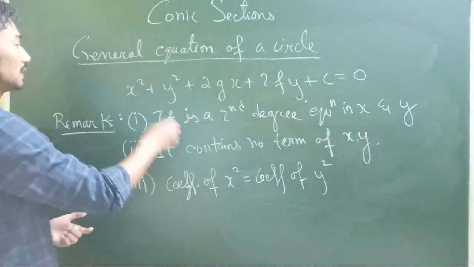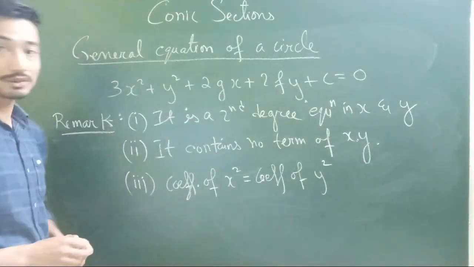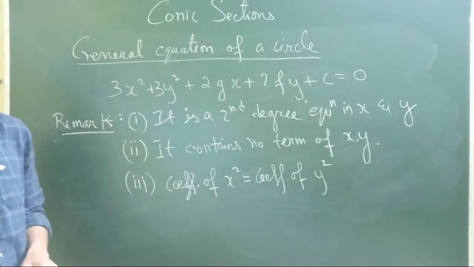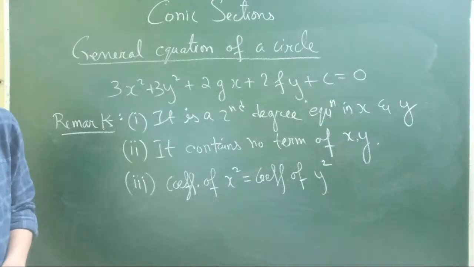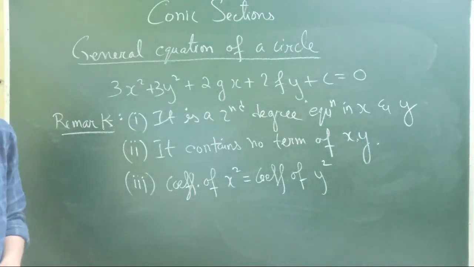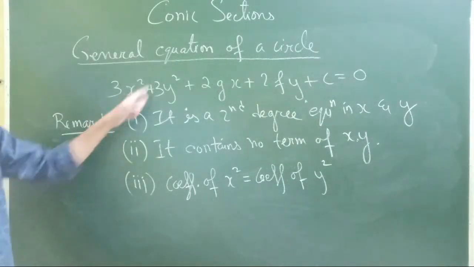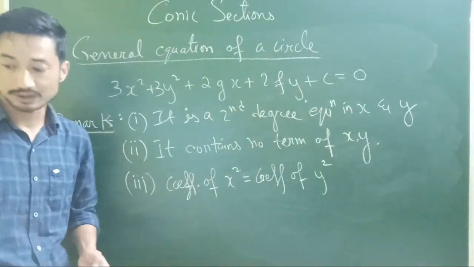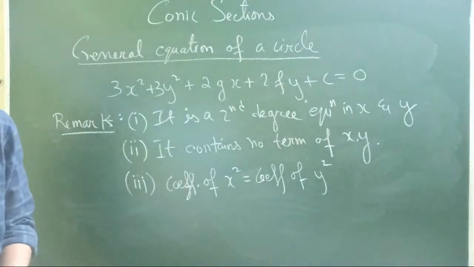If the coefficient of x squared is 3, the coefficient of y squared should also be 3. So 3x squared plus 3y squared, something like that. So the coefficients should be the same.